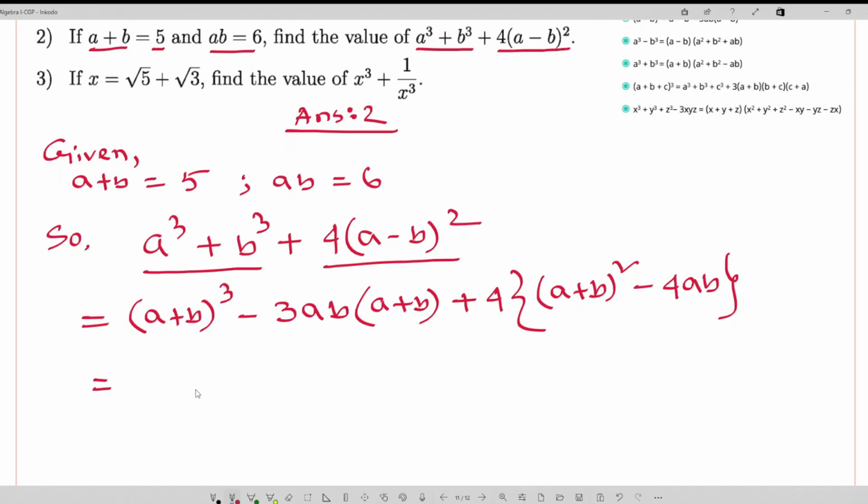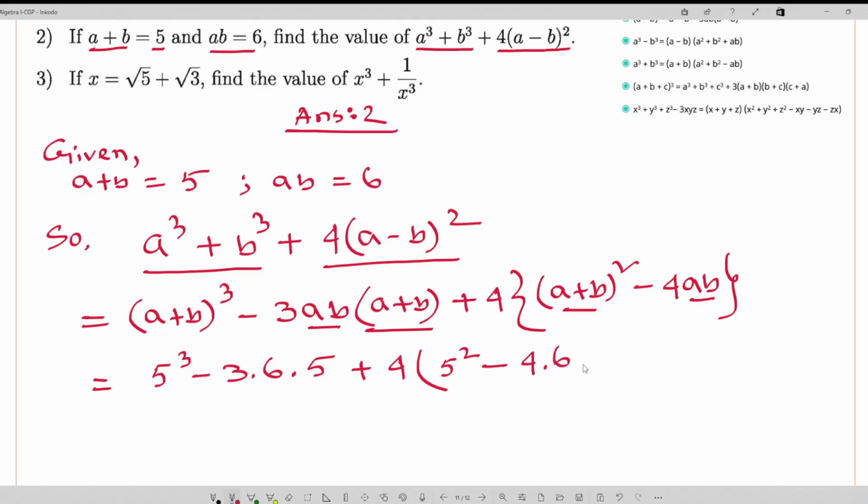Now a plus b whole cube, a plus b means 5, so here is 5 cube minus 3 times ab means 6 times a plus b means 5, plus 4. Here is a plus b square, it means 5 square minus 4 times ab means 6.